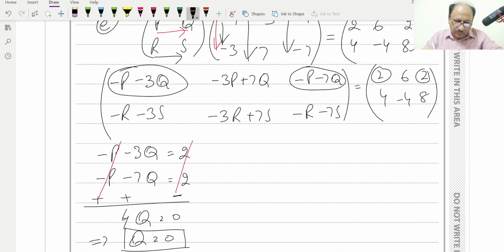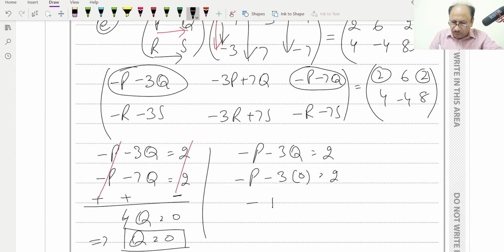Now we can find p value by replacing any of these in these equations. Minus p minus 3q is equal to 2. In this equation we will replace value of q, so minus p minus 3 into 0 is equal to 2. This implies minus p is equal to 2, which implies p is equal to minus 2. So p value also we got.